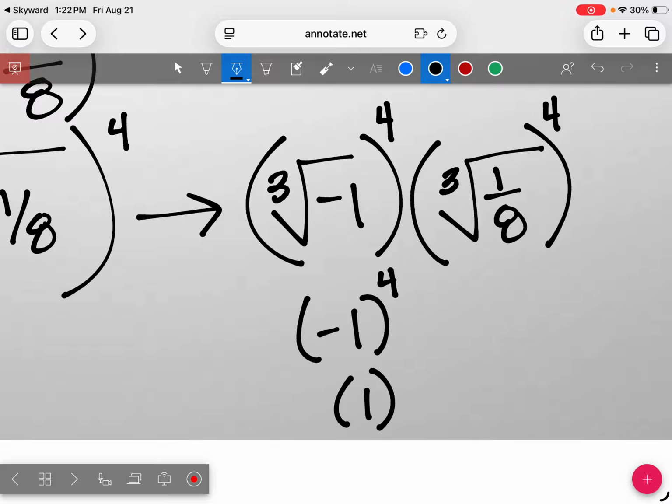All right, now let's do the same thing with 8. If I take the cube root of 1, the cube root of 1 is just going to be 1. What's the cube root of 8? What number multiplied 3 times gives you 8? 2.